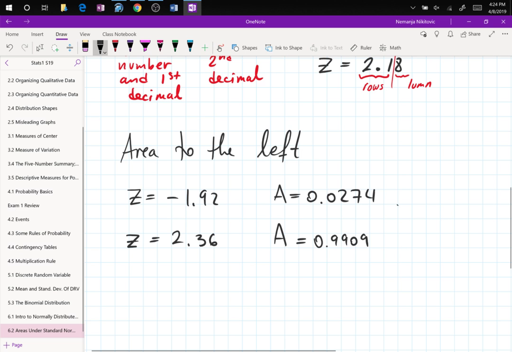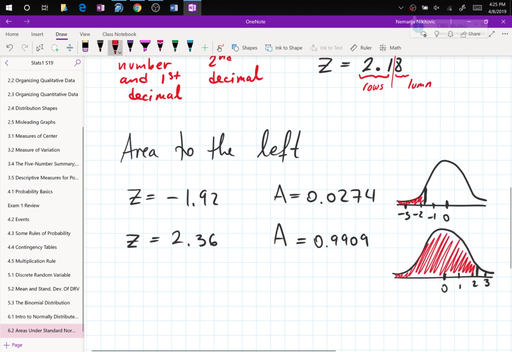Now, on the graph, 0, -1, -2, -3. This is almost -2. And so area under the curve is 1. So having most of the area shaded to the left says, yeah, it makes sense to have 0.99.